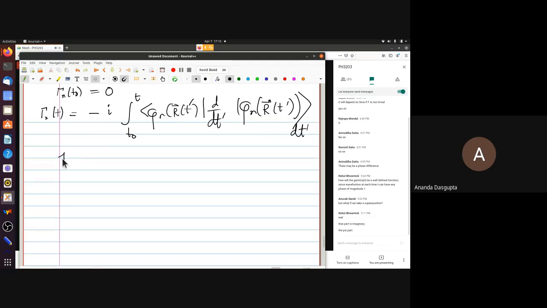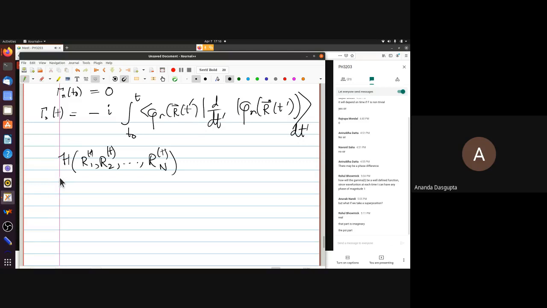Remember, we started with H, which was time dependent, but it was time dependent essentially because it was a function of a set of parameters R1, R2, up to, let's say, capital N. Let's distinguish between this n and this capital N. Capital N number of parameters, 1, 2, and these parameters depended on time. So H's time dependence essentially came from the parameters' time dependence. Same here, phi n R t is time dependent because R1, R2, R3 are time dependent, nothing else.